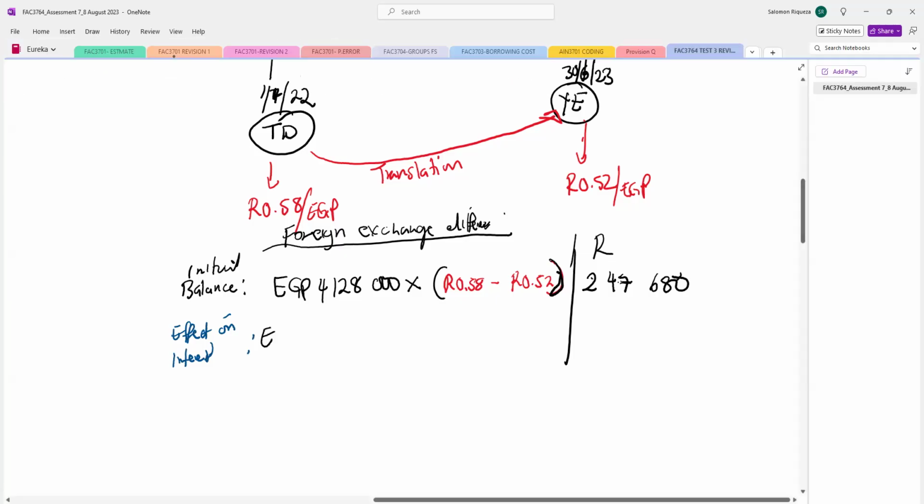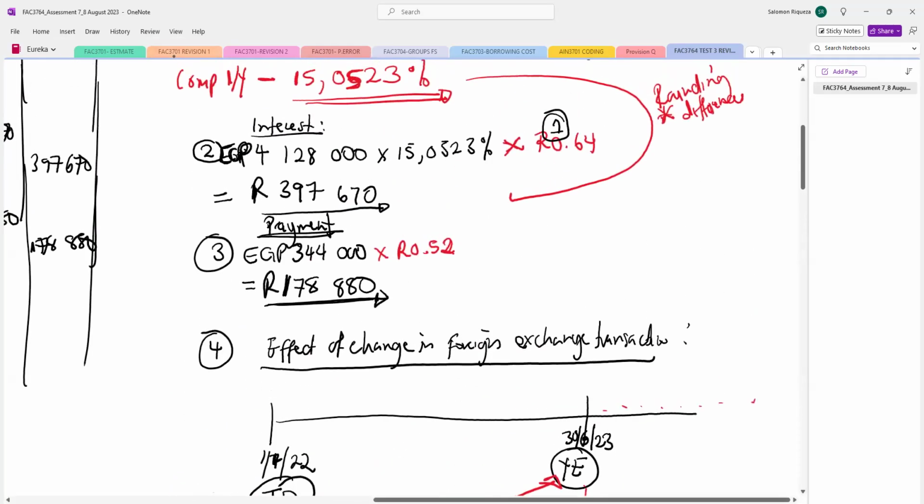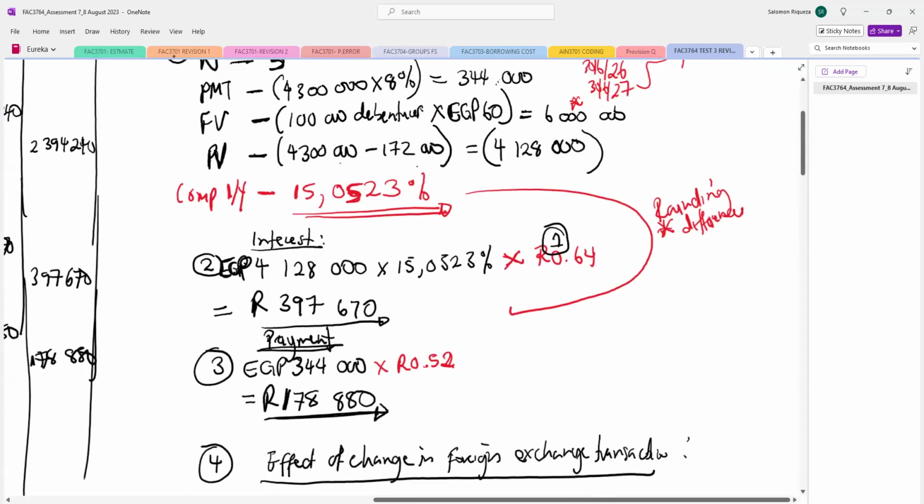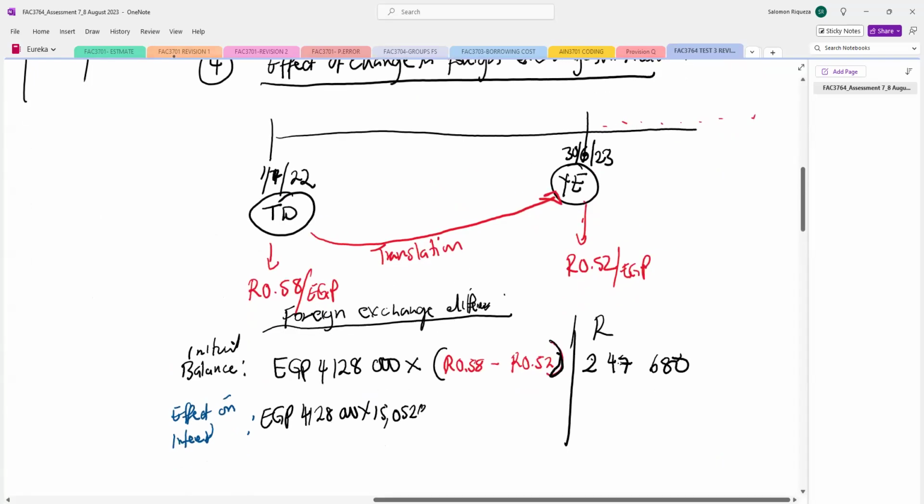So Egyptian pounds 4,128,000. We multiply this by, I think we did that calculation already, 15.05223%. This will still be in Egyptian pounds, just to get my interest in Egyptian pounds. And then I want to calculate the difference now and check how different this one is.